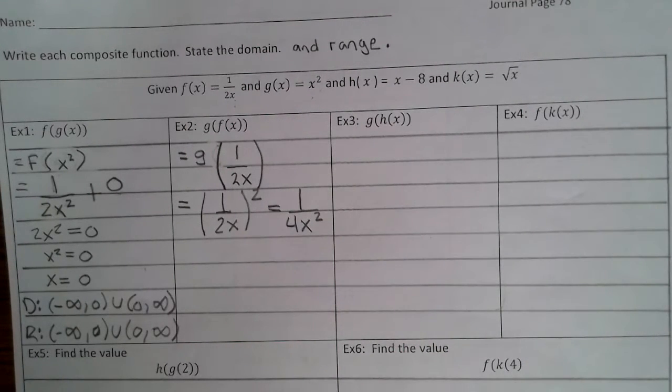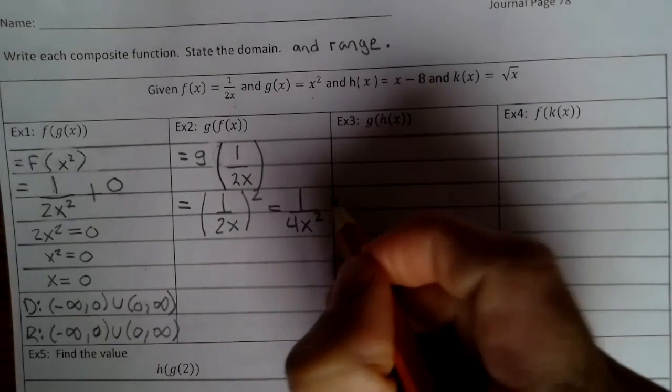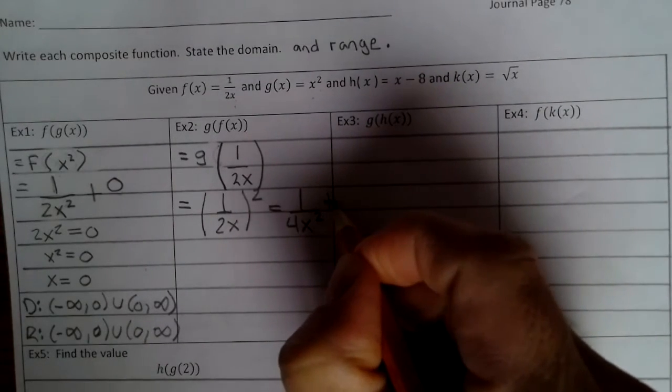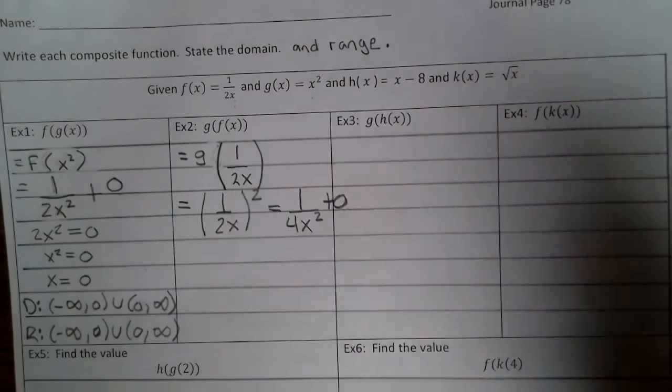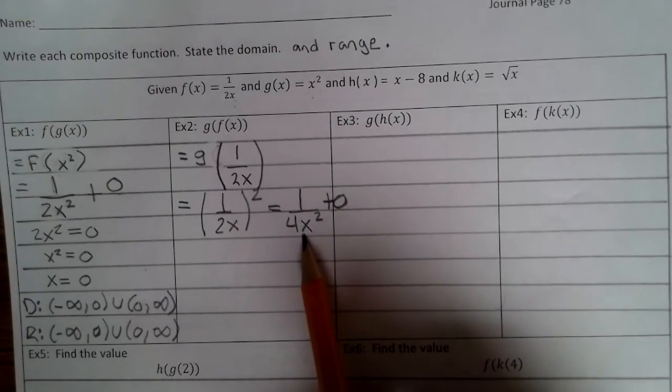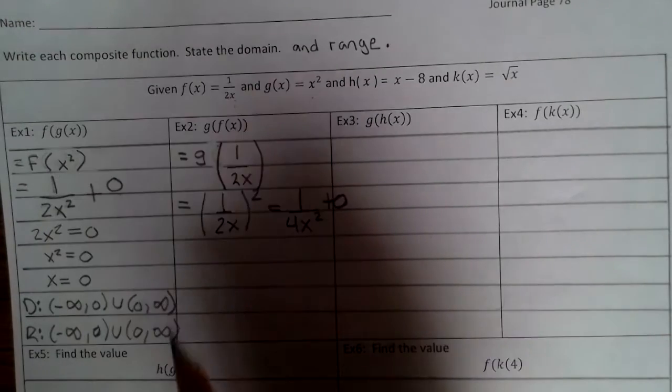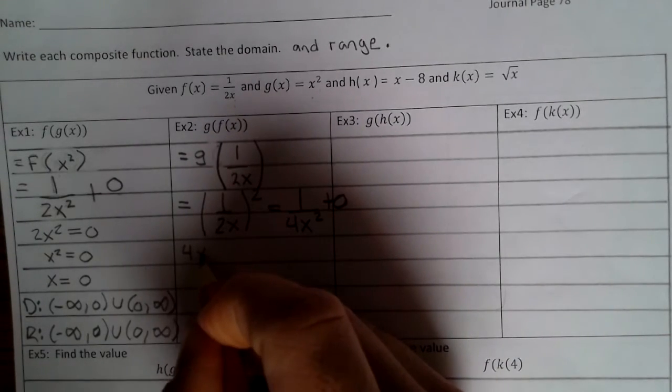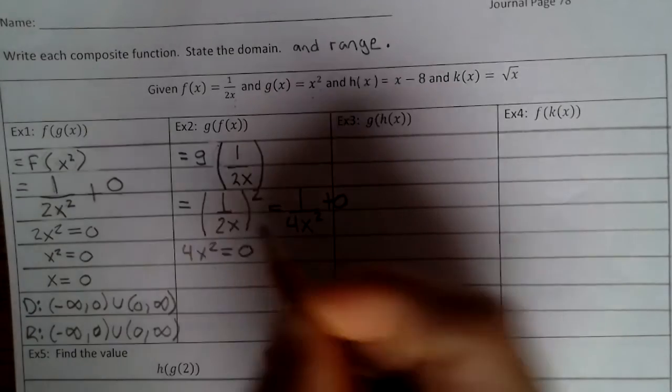Now, for the domain and range, well, first of all, we know that's plus or minus 0, okay? That 0 is what's going to affect the range, but now we set the denominator equal to 0 and solve. So 4x squared equal to 0. Well, we divide by 4, take the square root of both sides.